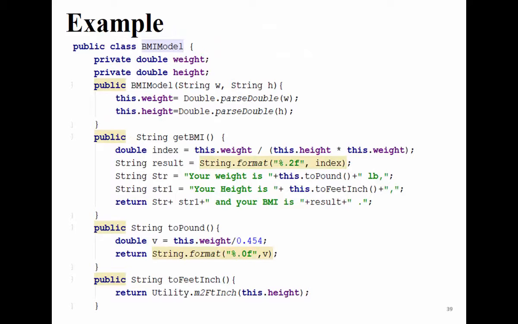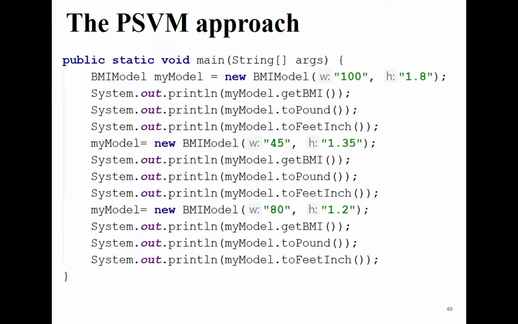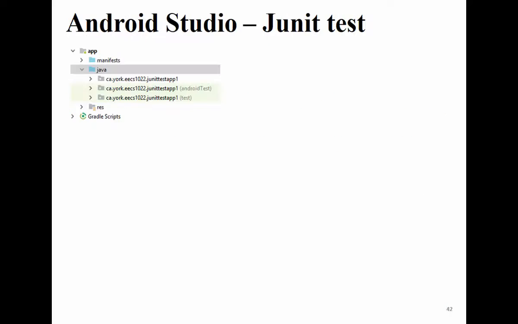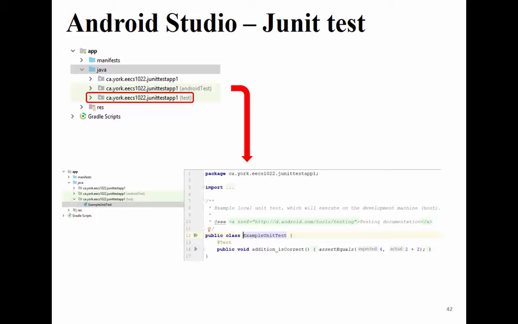This is an example that we discussed in case the demo was not working, but actually it worked. So everybody builds the BMI model, and you create the test using a main method approach, where you print the output and check the output, or you can have the JUnit test by going to testing and then creating a new class.